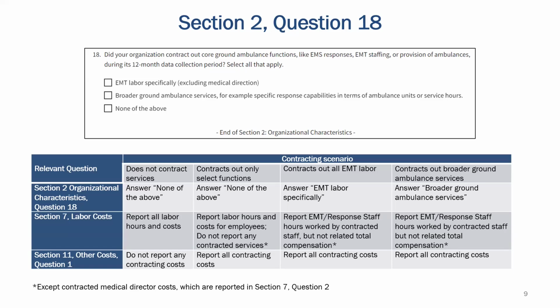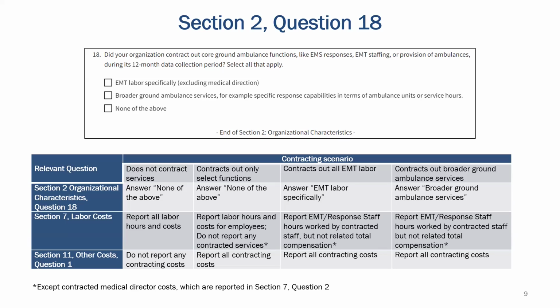If those apply to your organization, you can check one or both of them. If it doesn't, you check none of the above. This is a relatively rare situation where you'd check one of the first 2 options, and it leads to a set of instructions popping up on the screen telling you how to handle that situation.